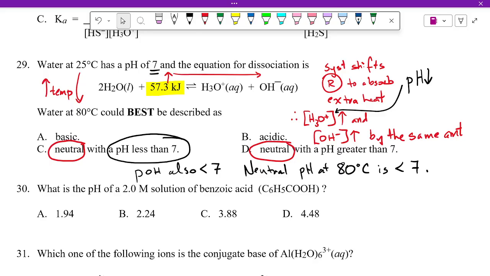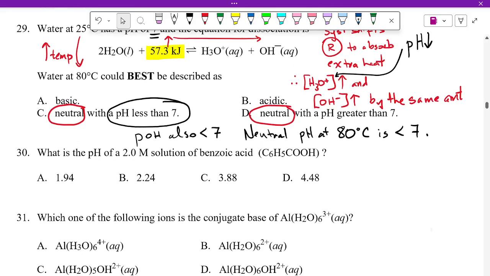Number 31 looks really hard, but it's actually not, because you can just go look it up on your chart. Because we've got this weird thing, Al(H2O)6 3+.